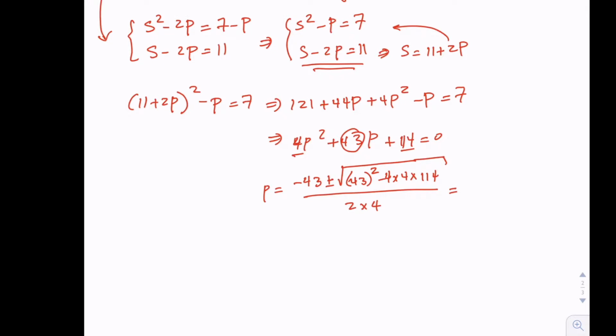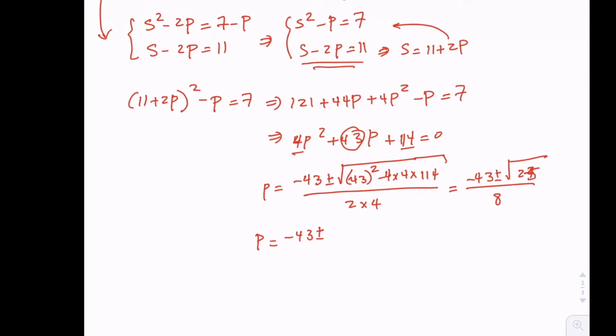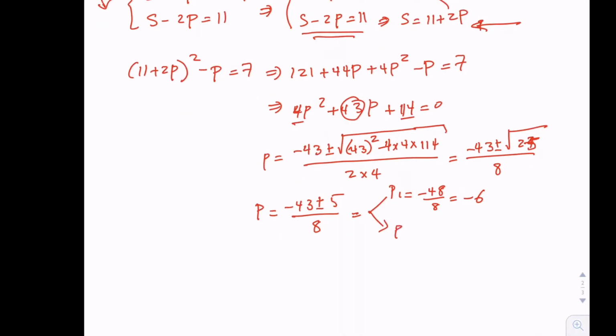And this will be minus 43 plus minus 25 divided by 8. So P1 will be minus 48 divided by 8, which is minus 6, and P2 will be minus 38 divided by 8, which is minus 19 over 4.